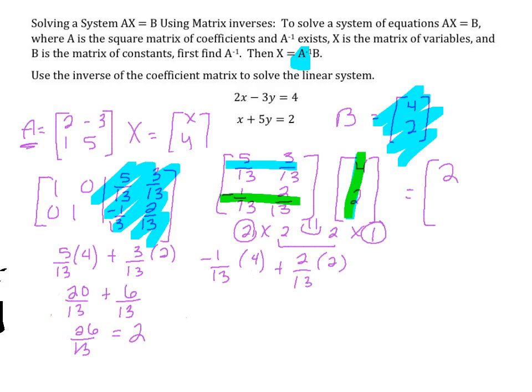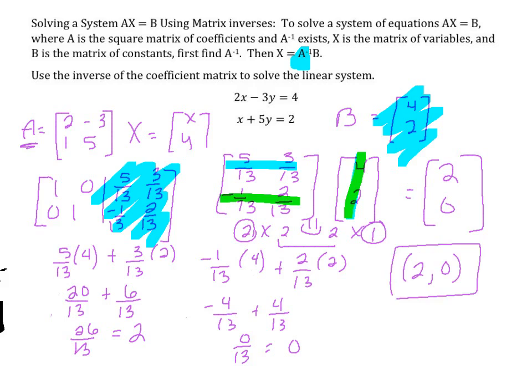That will give me negative 4/13 plus 4/13, which is 0/13, and 0 divided by anything is 0. So our solution set is 2, 0. That would solve our system of equations.